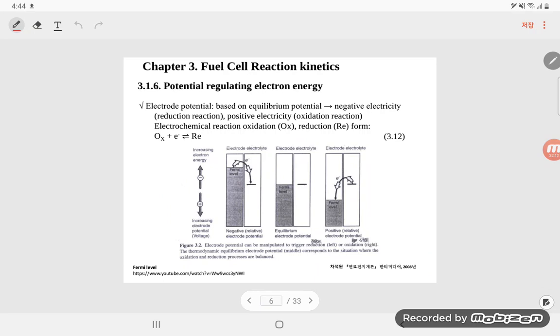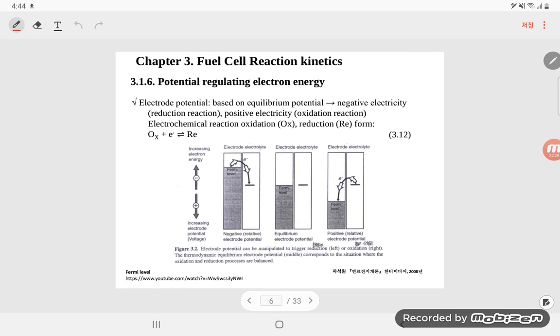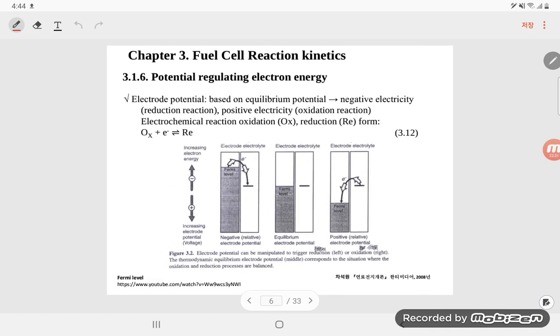Okay, then let's check the potential regulating electron energy. What is the direction of the movement of the electron during the reaction, oxidation or reduction? So, electrode potential based on equilibrium potential. The negative electrode potential means the reduction reaction, and the positive means the oxidation reaction happens.